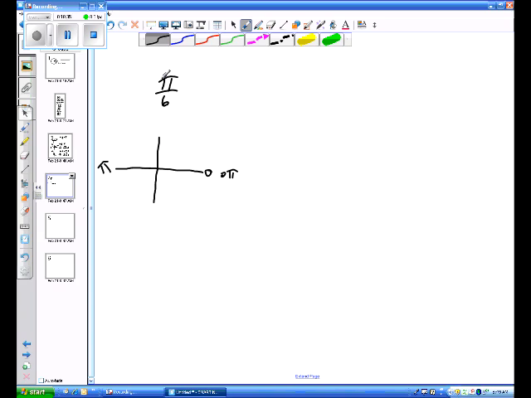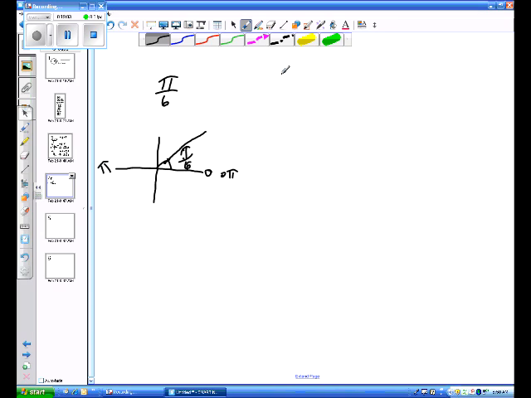Well, we know that 3/6 is half, so yes, I'm closer to 0. And I always like to think of it as just closer to 0 or closer to 1 because that's usually pretty easy to figure out. So this means that we're in quadrant 1. So we have our measure of pi over 6 radians, and we've drawn it in standard position.